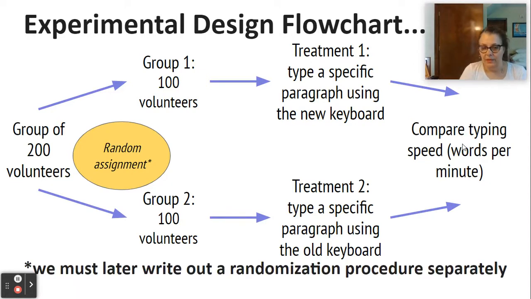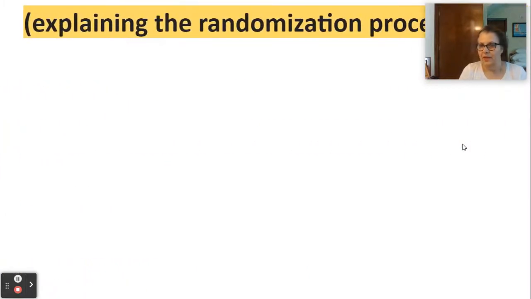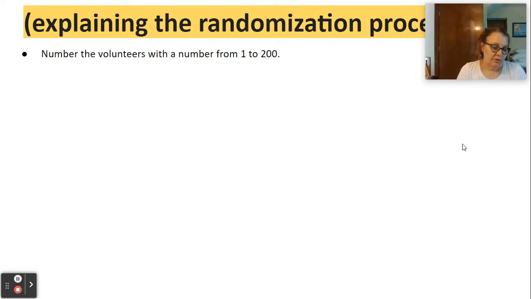Now, notice that at the beginning I said random assignment. So it is important that once you've done this flowchart, you must later write out your randomization procedure separately, and you have to be specific. So let's talk about how we would do that. You number the volunteers with a number from 1 to 200. Now, you have to be specific. Don't just tell me you number the volunteers. You're going to tell me exactly how you're numbering them.